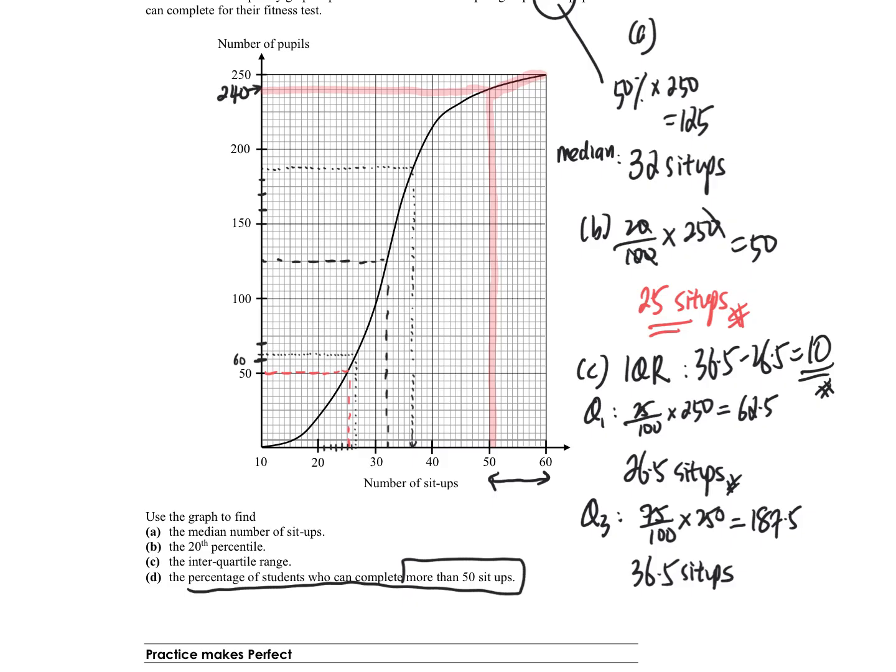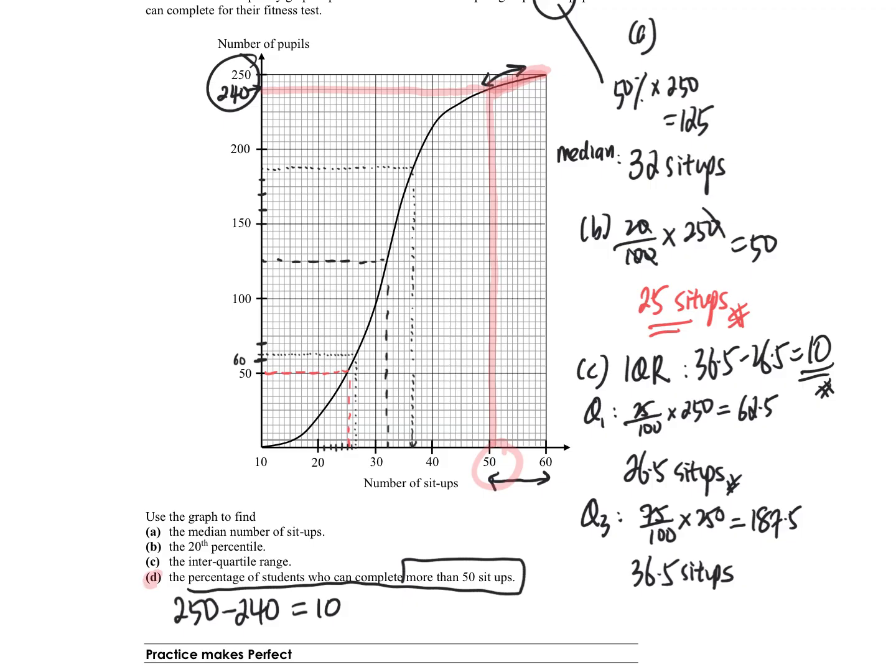But it's not 240 children complete more than 50 sit-ups. This whole group here is 240. How many completed more than 50 is this part? So remember, go and take the difference of these two. So 250, take away 240. It is only 10 of them. These last 10 children, these last 10 here, they completed more than 50 sit-ups.